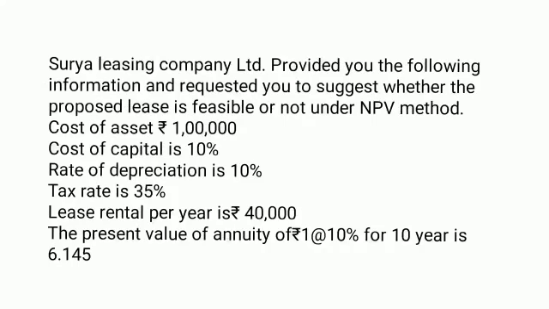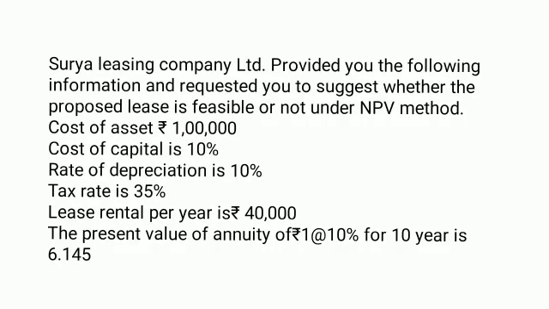Let us try to solve a problem in order to understand the concept. Surya Leasing Company Limited provides you the following information and requests you to suggest whether the proposed lease is feasible or not under the net present value method.